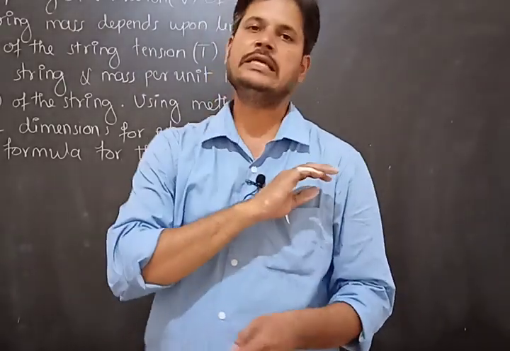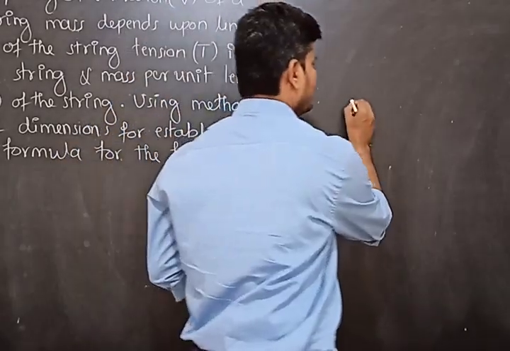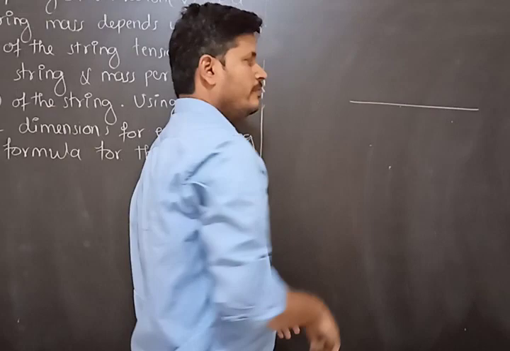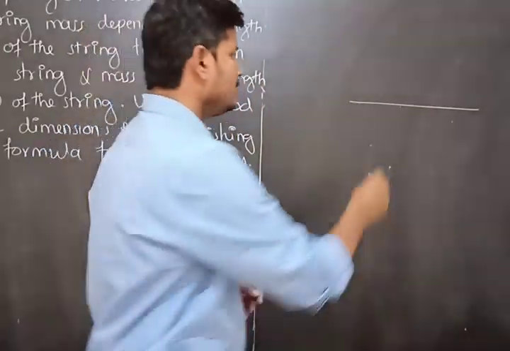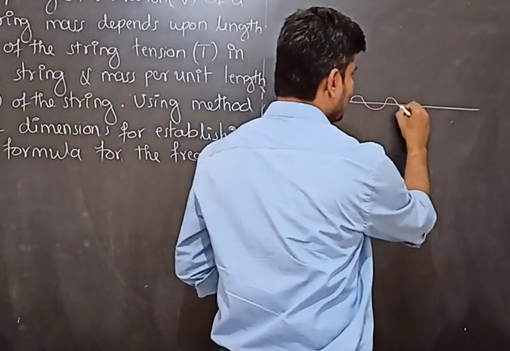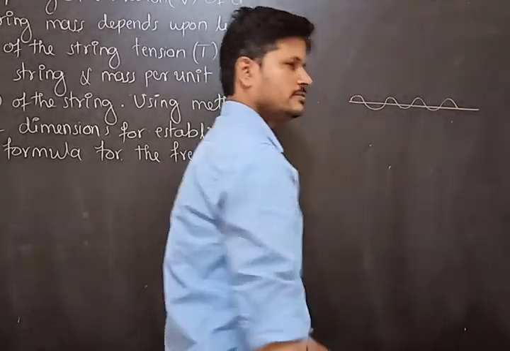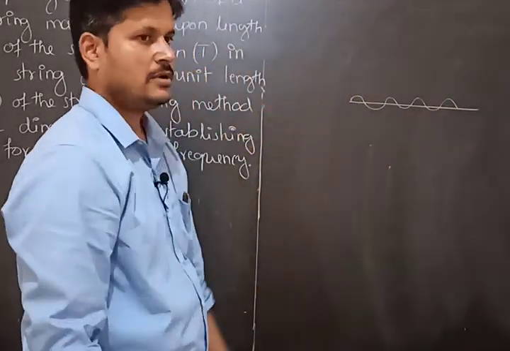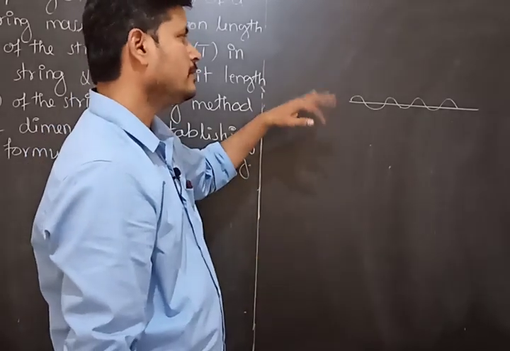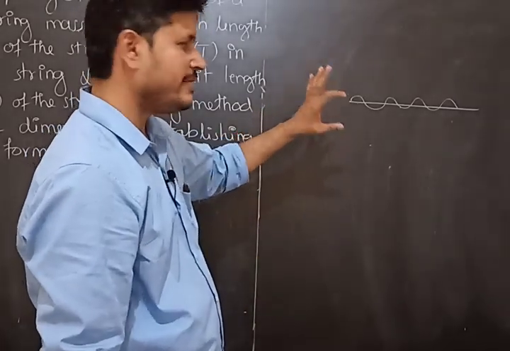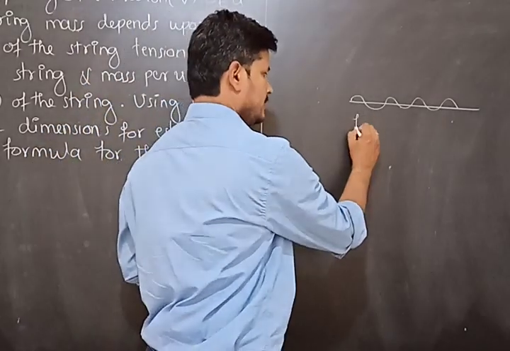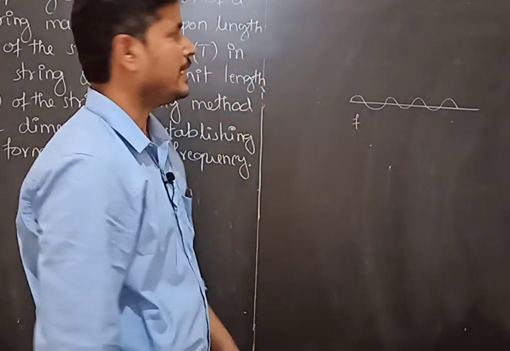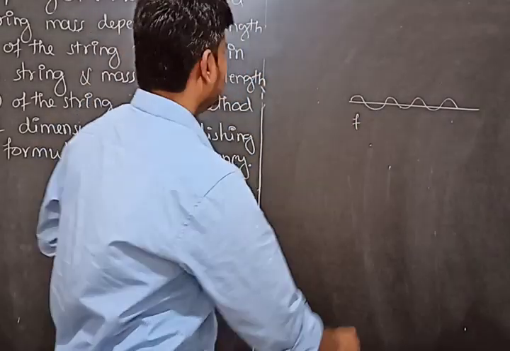That means there is a wire. When you pluck it, waves travel in this wire, right? That means it is vibrating. Vibrating means it is having a certain frequency, right?